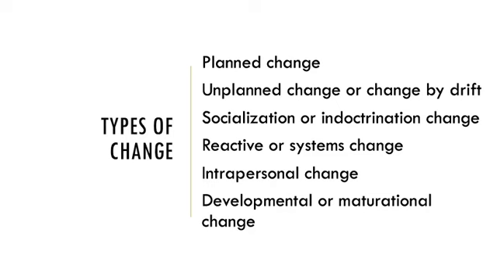So when we think about types of change, this is a great list. Plan change is what we're talking about. It's having a systematic process in place to make purposeful change. Interesting with this list, if I were to ask you, how do you think most of nursing has changed? It isn't by planned change. It's actually with the second one, unplanned change or change by drift.